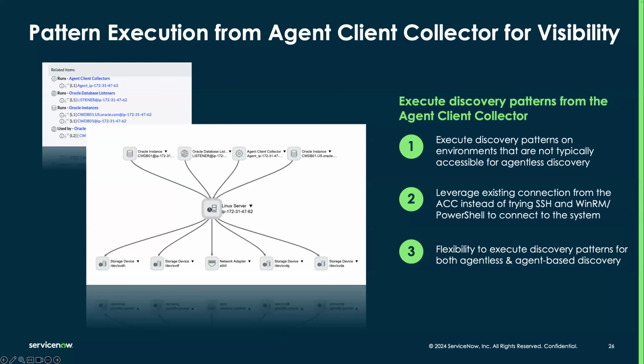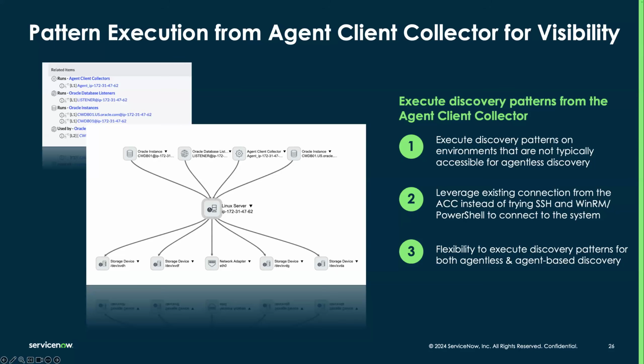We recently announced the ability to execute patterns directly from the agent client collector. That means that all of your traditional discovery patterns can be launched directly from your agents by leveraging the existing connection between the agents and the environment that you're already discovering.